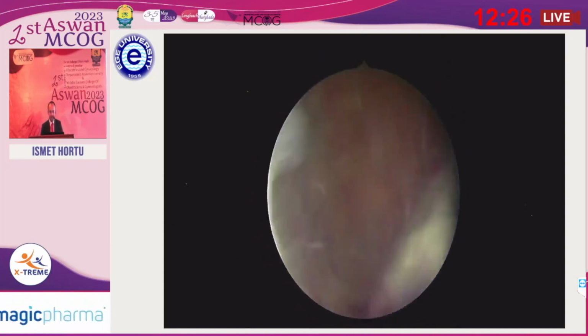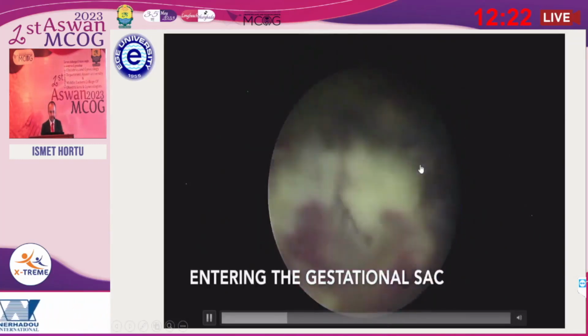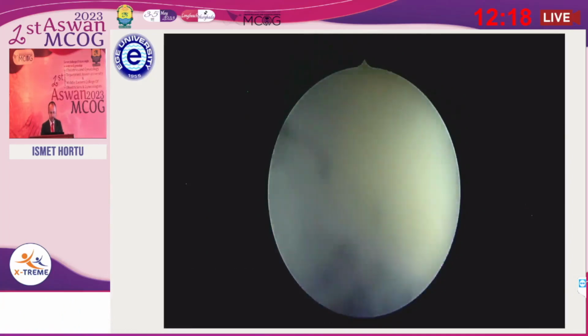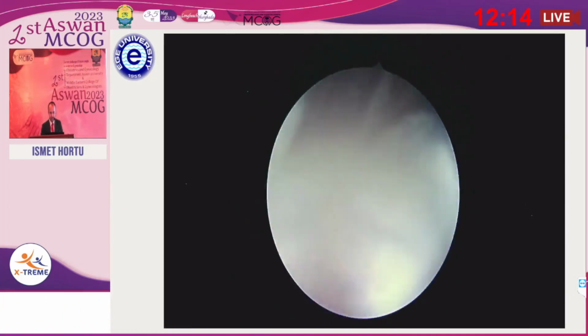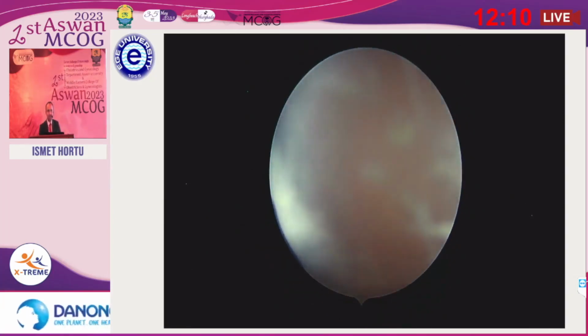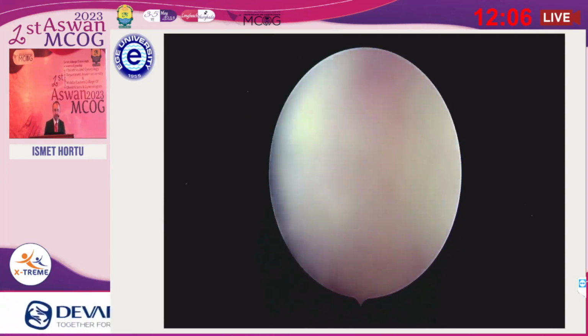You see the fundus and the tubal internal ostia. Now we are opening a little bit and entering the gestational cavity. We are moving very, very gently, so as not to disturb the embryo or the gestational sac.